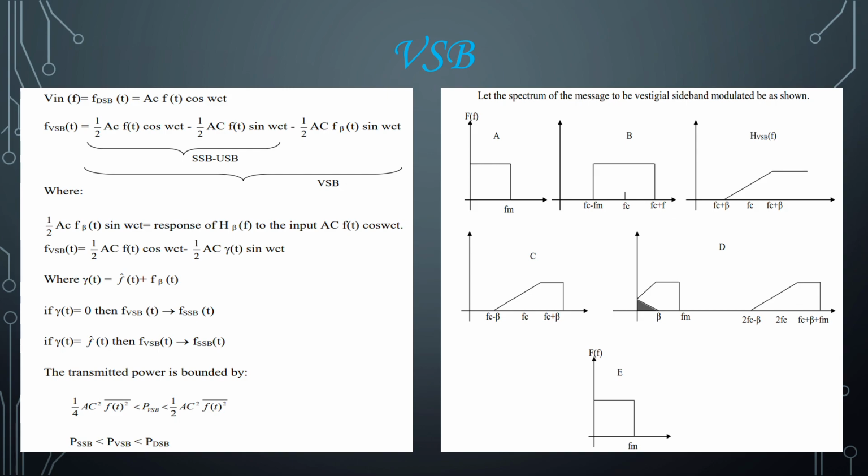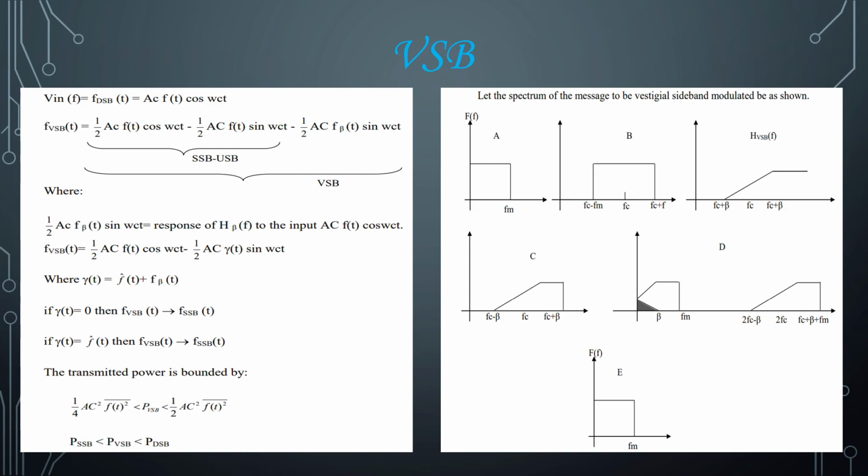Here we further calculate to get V in of t equals f DSB of t equals A_c f of t cos omega_c t. f VSB of t equals half A_c f of t cos omega_c t minus half A_c f hat of t sin omega_c t minus half A_c f beta of t sin omega_c t, which is the SSB and VSB parts combined, where half A_c f beta of t sin omega_c t equals the response of H beta of f to the input A_c f of t cos omega_c t.